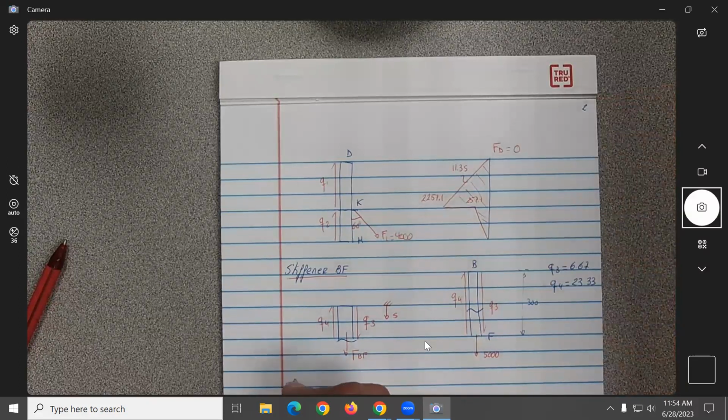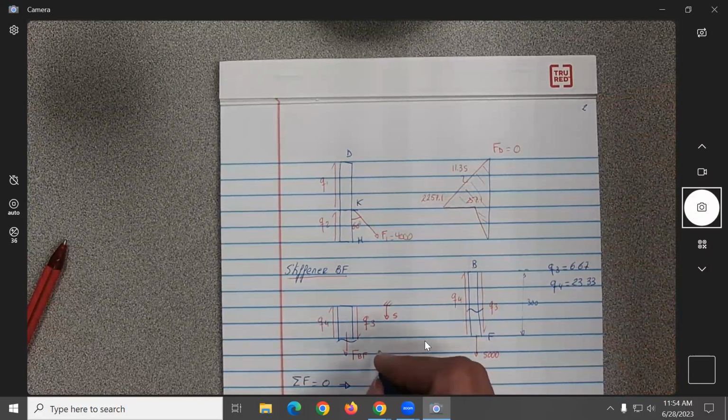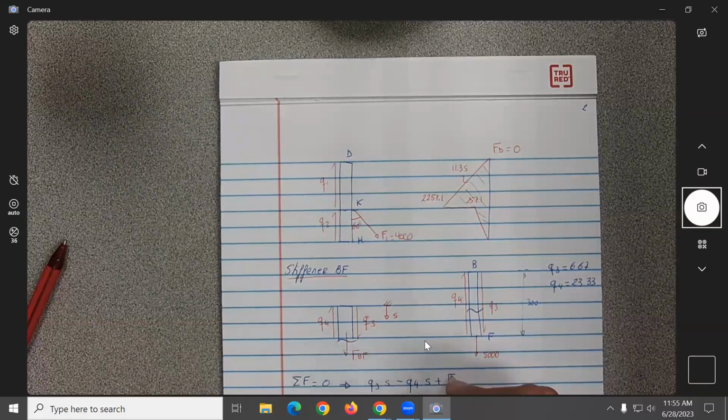So if we apply the forces along the stiffener, this will give us Q3 times S, positive, minus Q4 times S plus FBF equal to 0.